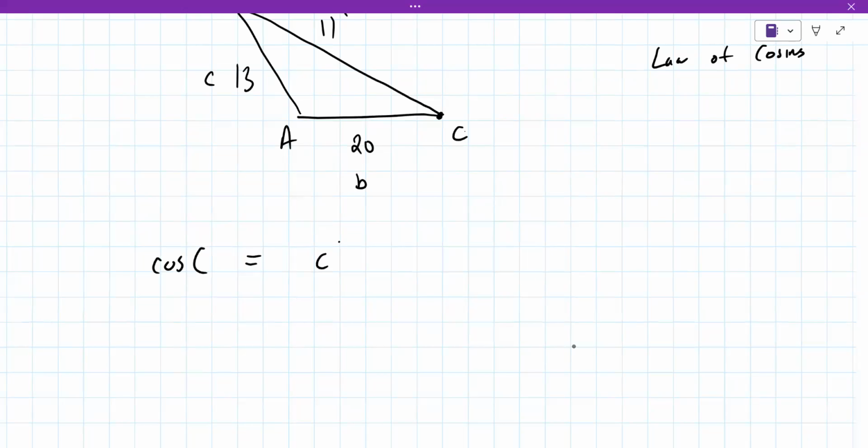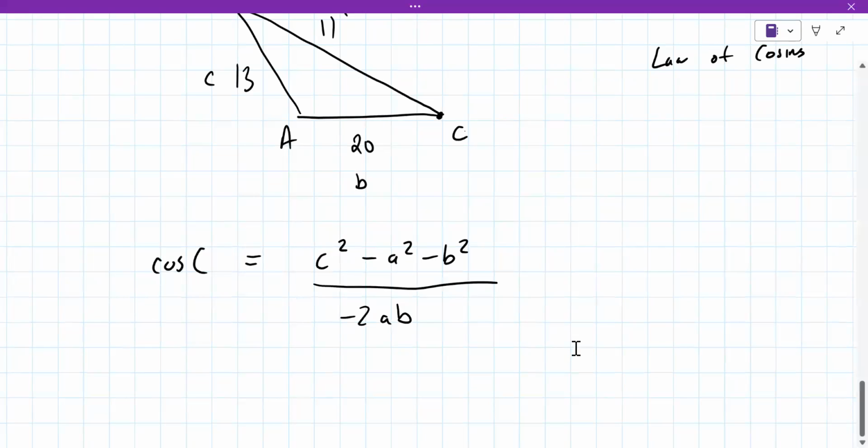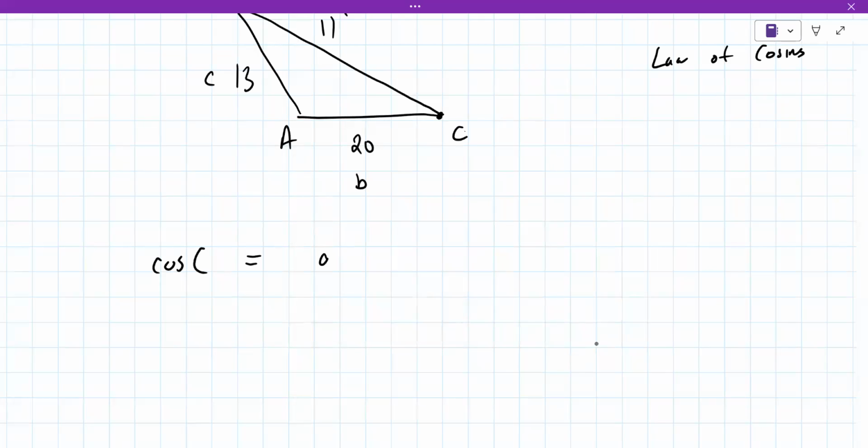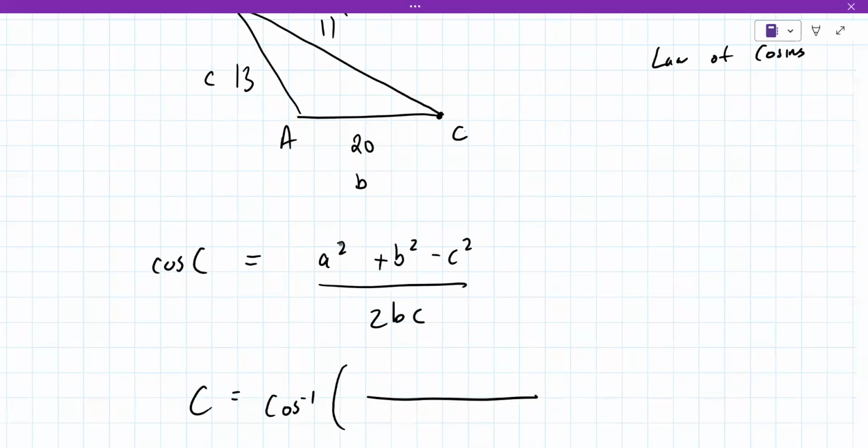Cosine C equals A squared plus B squared minus C squared. Okay, so your book moves this negative up top. That's fine. I don't try to pretend like I know what the formula is going to be in your book, because they're all different. And so then C is the cosine inverse of this.